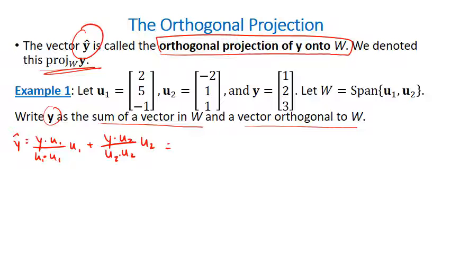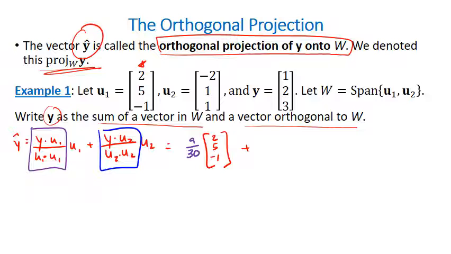So this here is found in the following way. When I find this, I get 9/30 times vector u1, which is this guy here, 2, 5, -1, plus, when I find this, I get 3/6 times vector u2, which is this guy here.